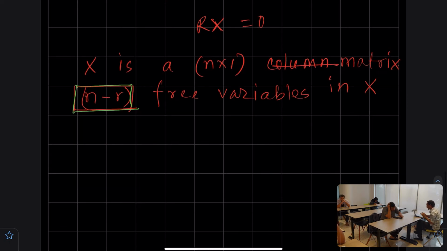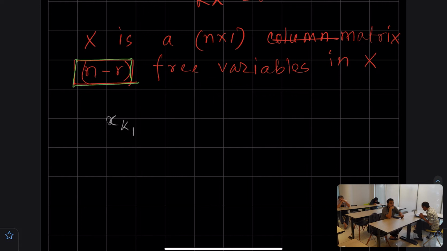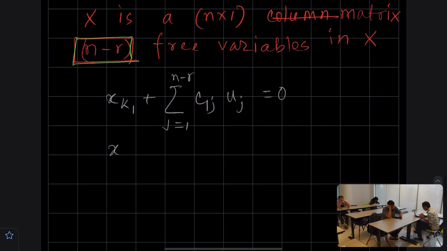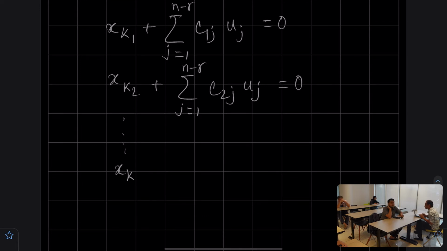Okay. Now I can write this Rx equal to 0 system explicitly: xk1 plus the sum over j equals 1 to n minus r of c1j uj equals 0; xk2 plus the sum over j equals 1 to n minus r of c2j uj equals 0.